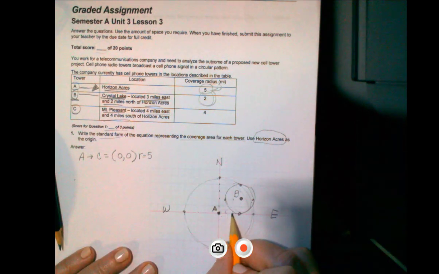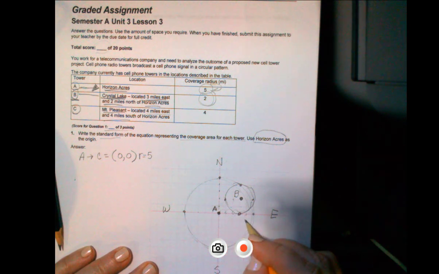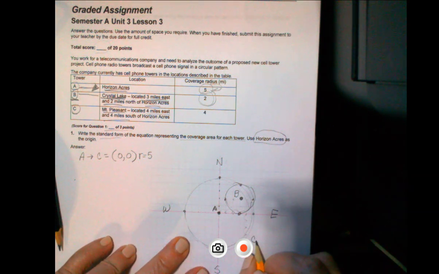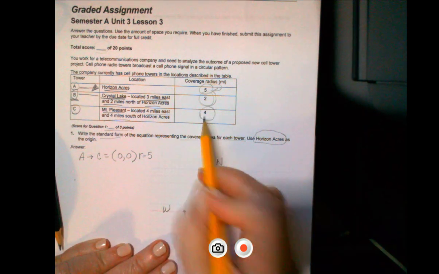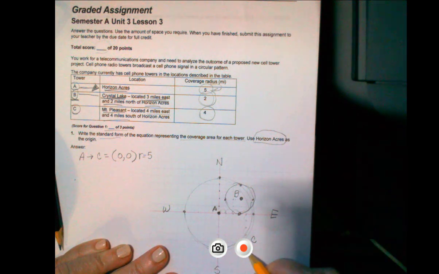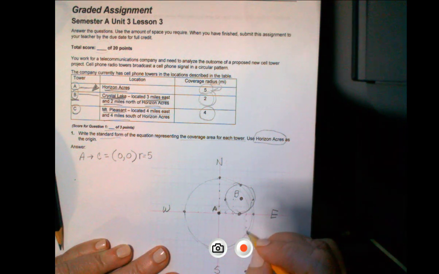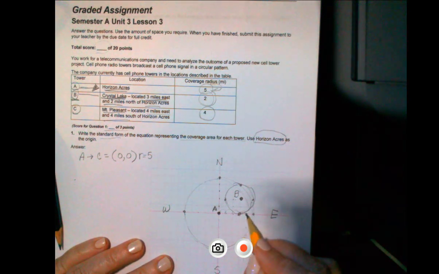So we go 1, 2, 3, 4, 1, 2, 3, 4, and end up here for circle C. That is actually where Mount Pleasant is located, and its cell phone towers radiate 4 miles. So we can sketch that circle in.